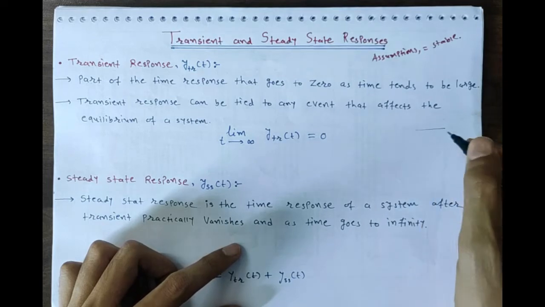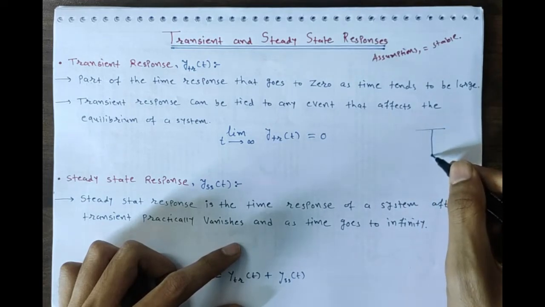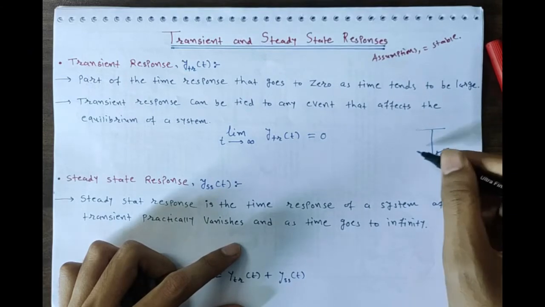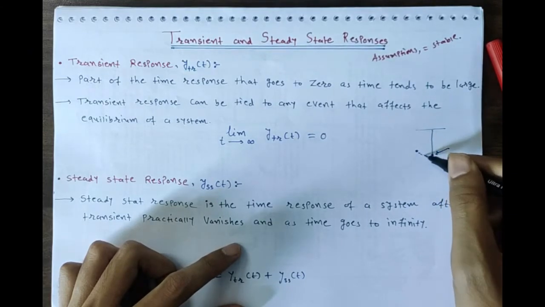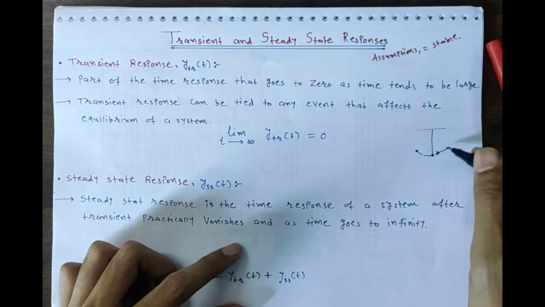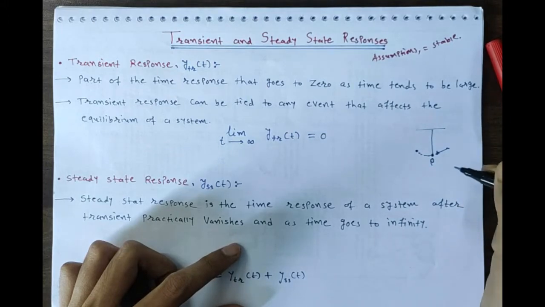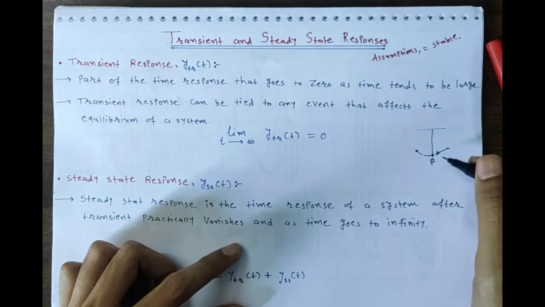So whenever, let's say a pendulum is connected right here, and if you just push it forward in that direction, it will take some oscillation and it will settle down after some time at this point. Okay, so this point P is nothing but your equilibrium position.